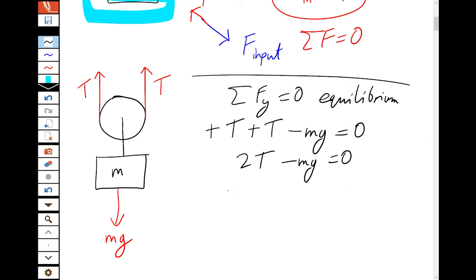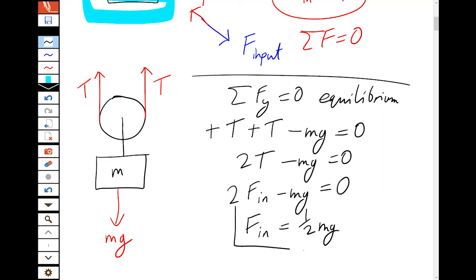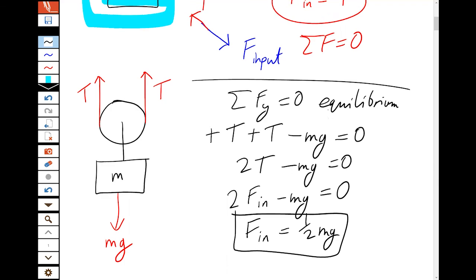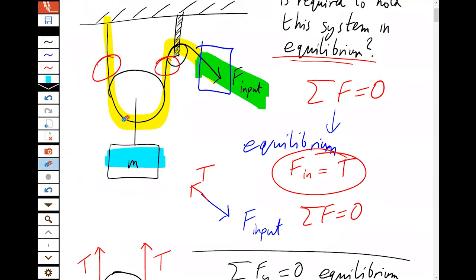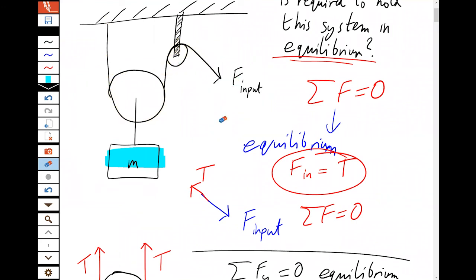But we know the tension. We know that tension is the input force. And we rearrange, we find the input force is half of the weight of the block we're holding up. And that's the benefit of pulley systems like this. I'll clean up the diagram a bit so we can look at it fresh again. This technological stuff is nice.